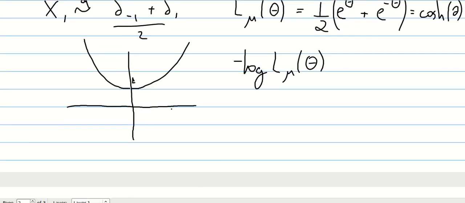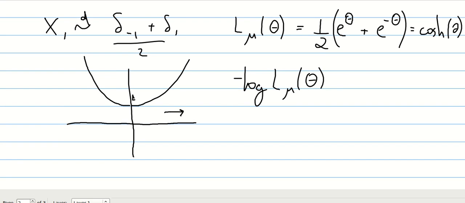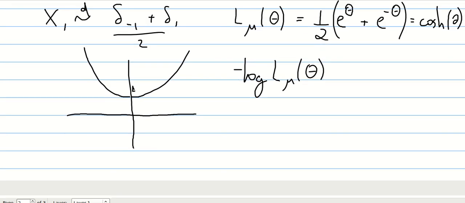And you see, this is growing exponentially. When we take the logarithm, when we go in this direction, this term is not important. It's essentially behaving like e to the theta, and the logarithm is essentially behaving like theta, minus theta.